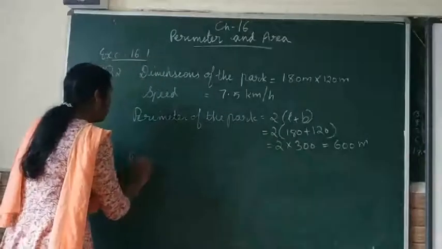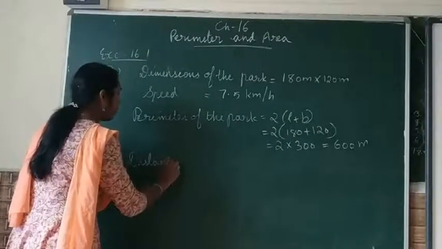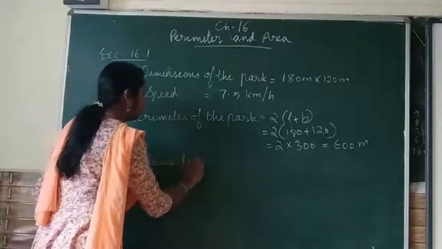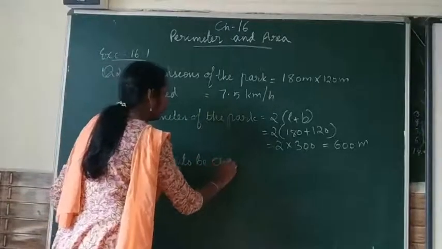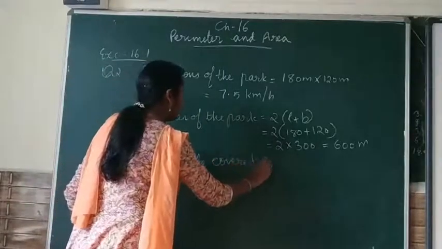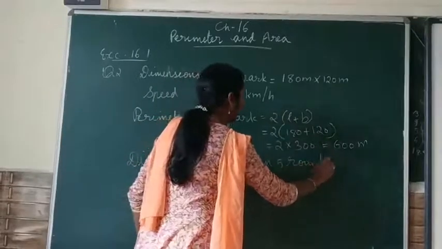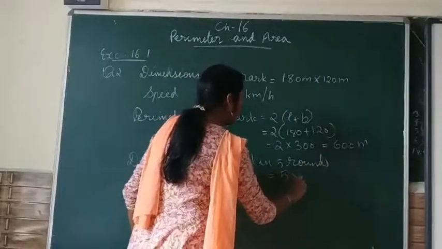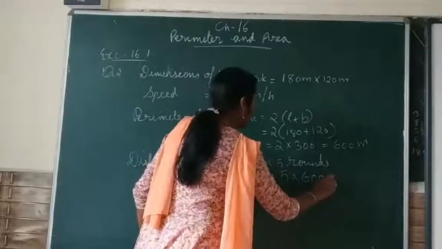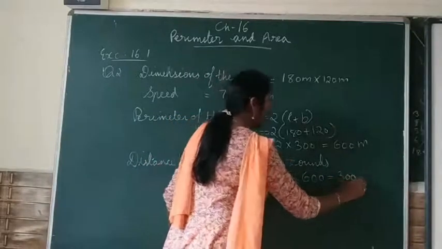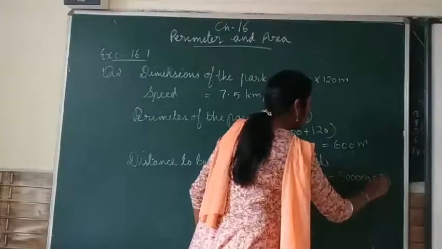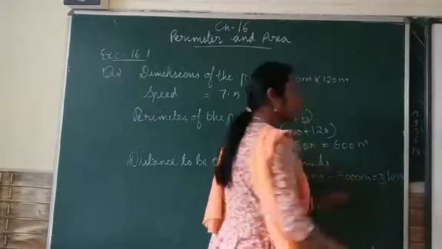So distance to be covered in 5 rounds is equal to 5 into 600 equal to 3000 meter or 3 kilometer. 3000 meter is equal to 3 kilometer.